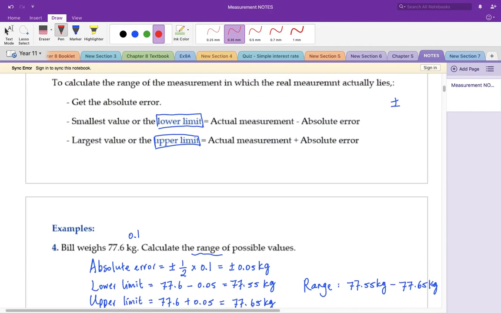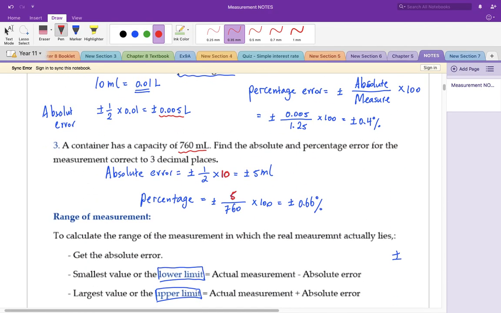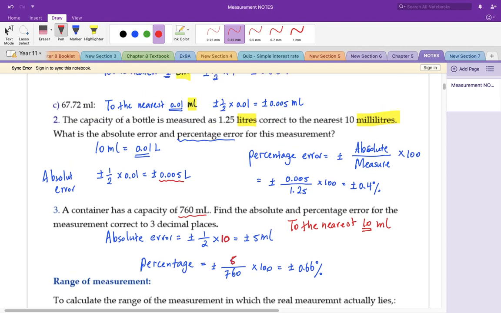But for this one, it's 760, so that means it's definitely going to have 750, 760, 770, and so forth. So it's actually going up by 10 mils. So this is to the nearest 10 mils. That's why I would get 5 mils as the absolute error, and then you use 5 to find the percentage error.